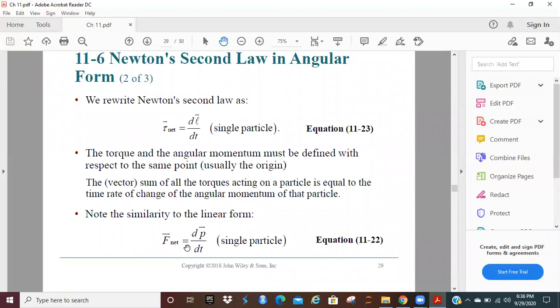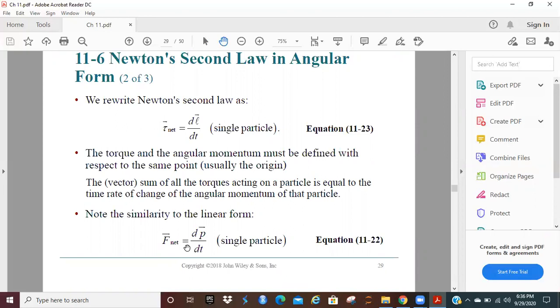So, Newton's second law in angular form. We've seen what it is in linear form, but what about angular form? Well, with linear form, we had force is equal to the change in linear momentum with respect to time.